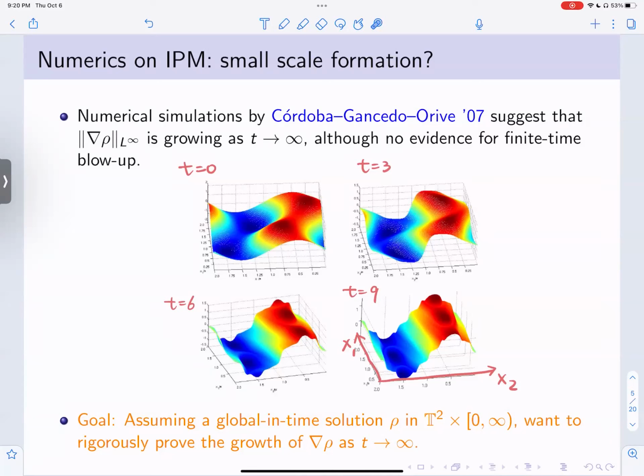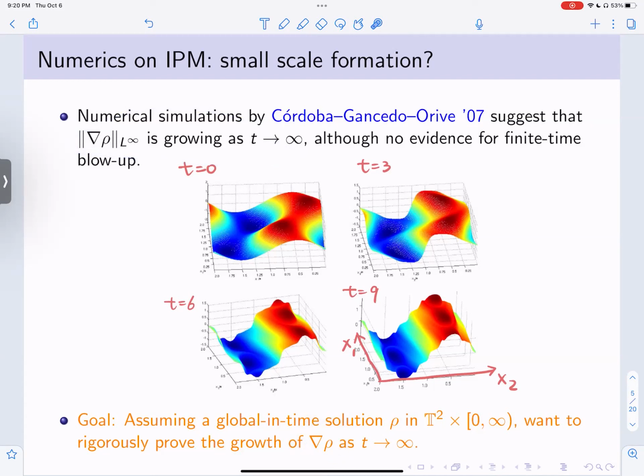So together with Sasha Kiselev, what we aim to show is that, assuming there is a global-in-time solution in a certain domain, let's say the torus or the strip or R2, we want to rigorously prove that the gradient of rho will really be growing to infinity as time goes to infinity.